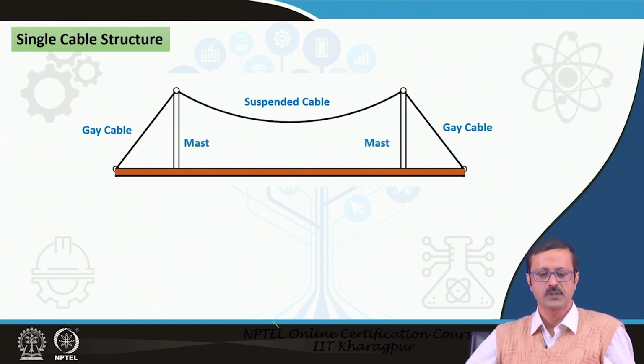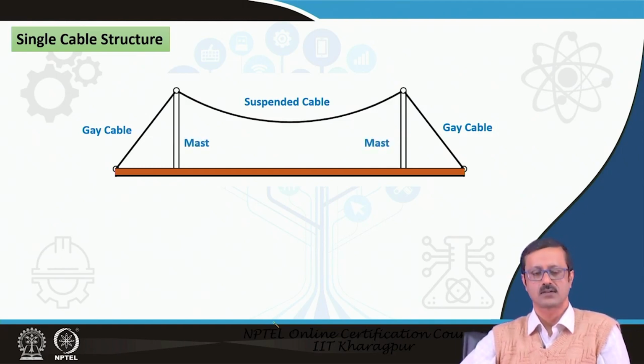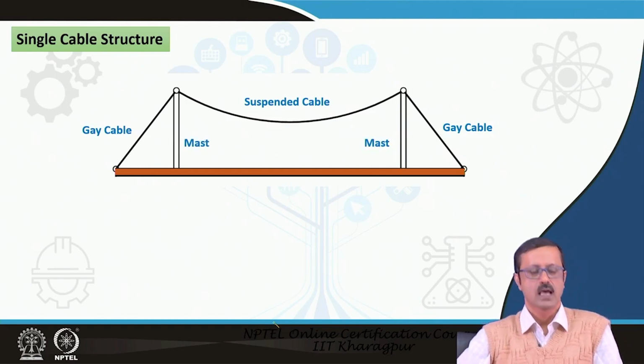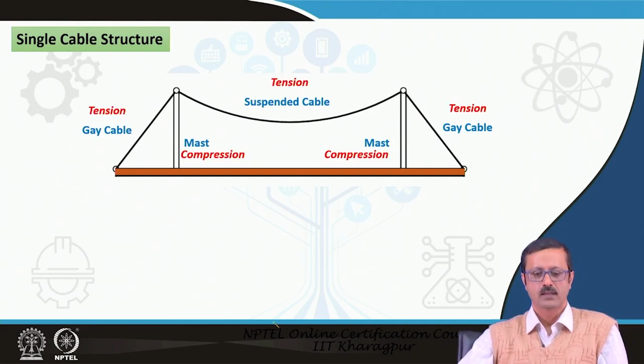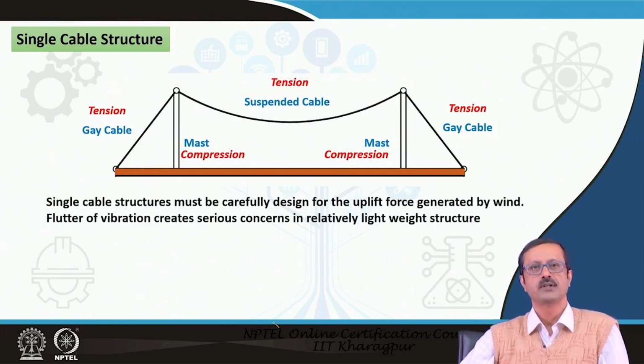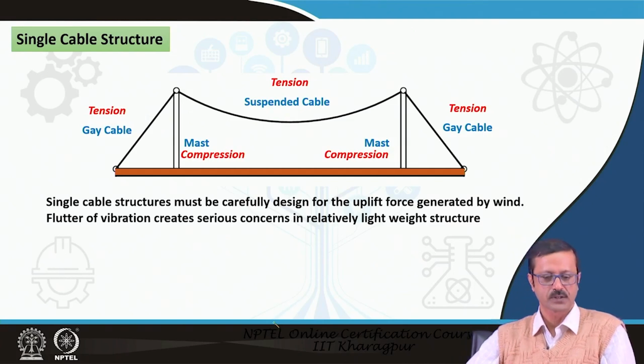The third component is the central column, which is called the mast, and this mast should be in compression. The cables, both the stay cables and the suspension cable, will be in tension, and the mast will definitely be under compression.